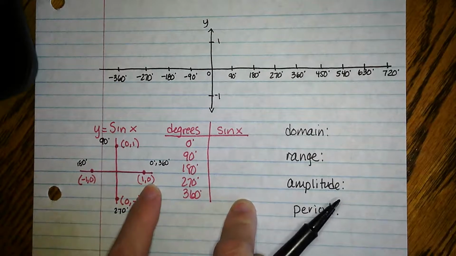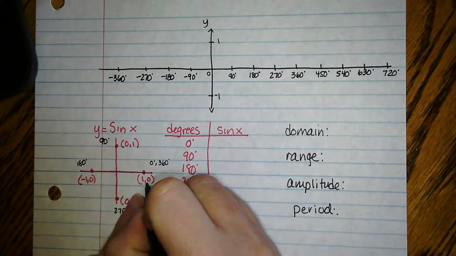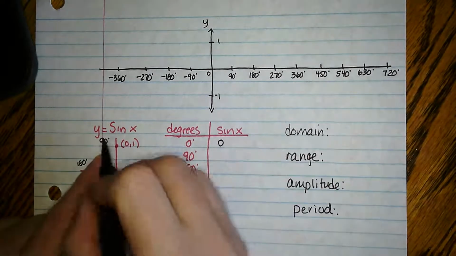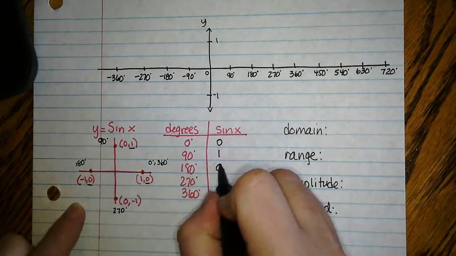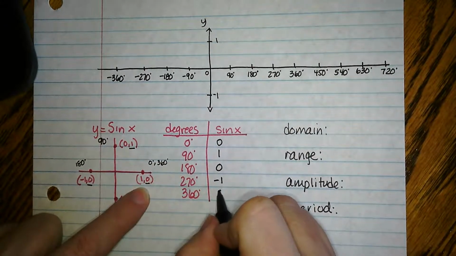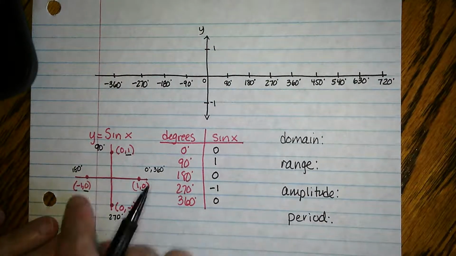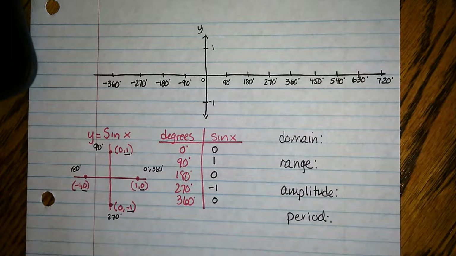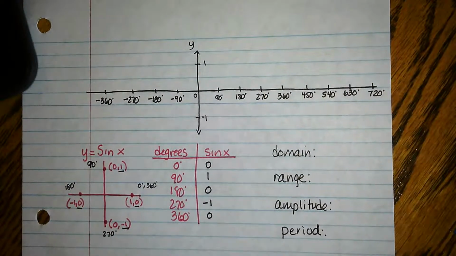So the sine of 0 degrees, remember, is the y coordinate, so it's going to be 0. Sine of 90 is 1. The sine of 180 is 0. The sine of 270 is -1, and the sine of 360 is 0, all coming from the y coordinates on the unit circle. Now I'm going to switch to red and plot what I can.